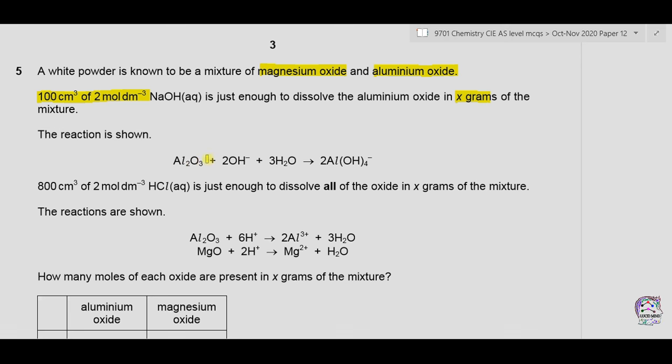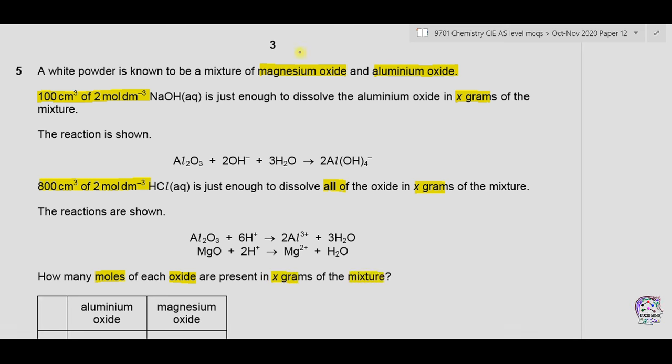This is the dissolution of aluminum oxide in alkaline solution. 800 cm³ of 2 mole per decimeter³ HCl is just enough to dissolve all of the oxide in X grams of the mixture. The reaction is shown. First reaction is the dissolution of alumina in acid. Second is the dissolution of magnesium oxide in HCl. How many moles of each oxide are present in X grams of the mixture?